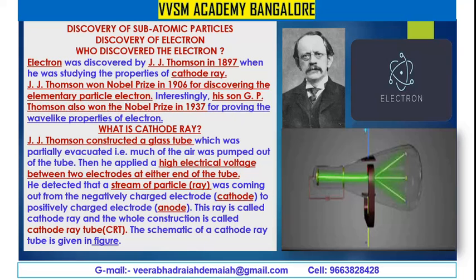Father tells about the electron, the fundamental particle of an atom, that is the corpuscular theory. My dear friends, the corpuscular theory tells that light behaves in two ways, that is called the dual nature of light.